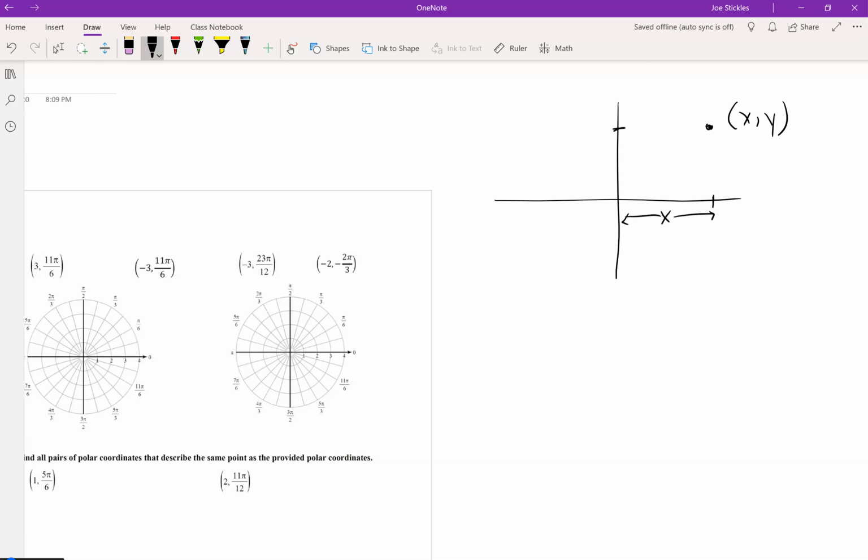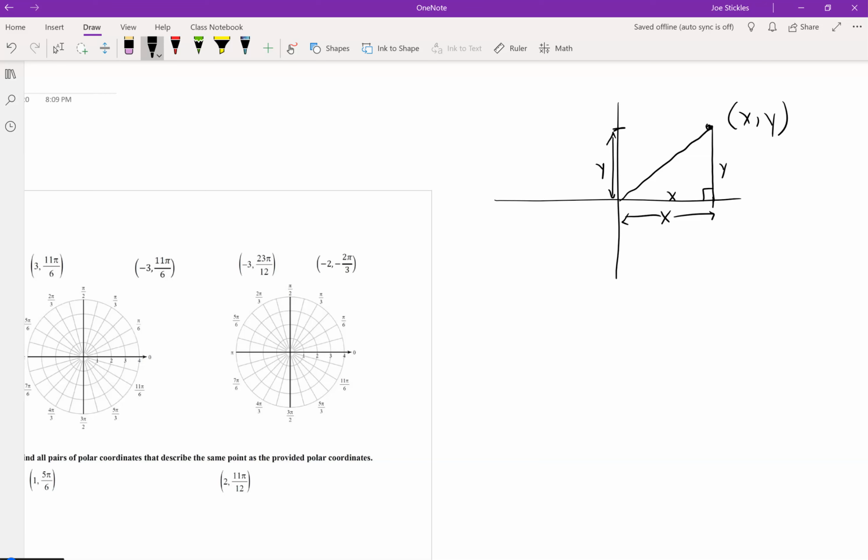And this distance vertically from the x-axis up to that point is y. So written another way, I could think about making a right triangle here, and this side would have length x, and this side would have length y.